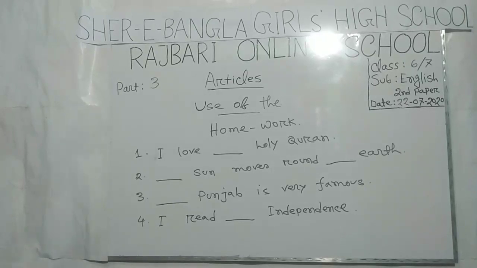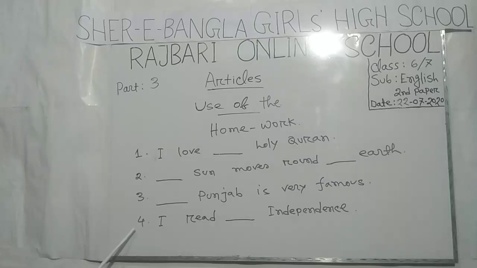Okay, my dear students, write down four questions as your homework. Question number 1: I love dash Holy Quran. Question number 2: dash sun moves round dash earth. Question number 3: dash Punjab is very famous.